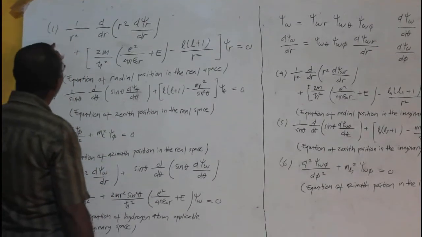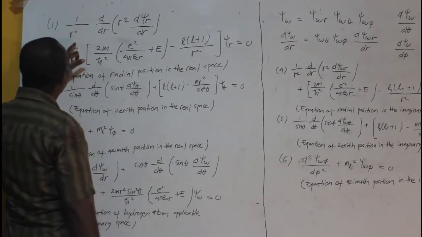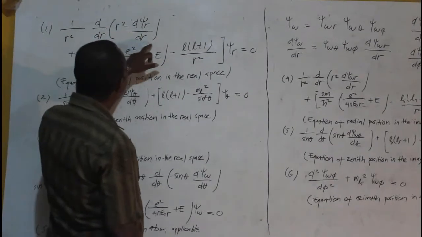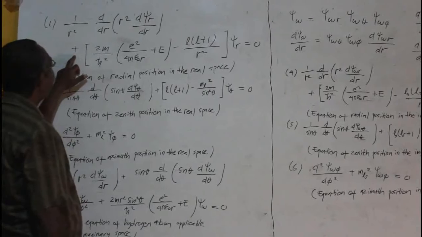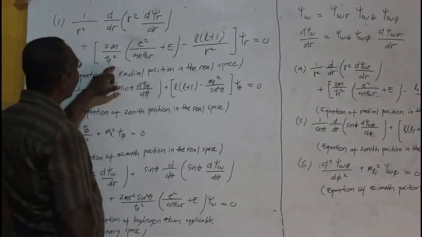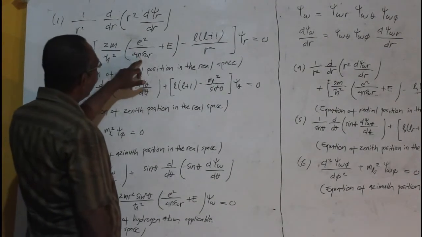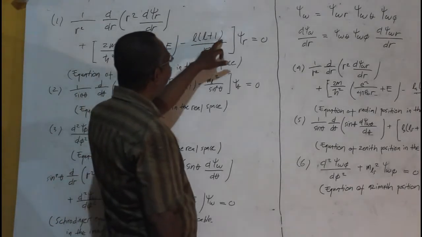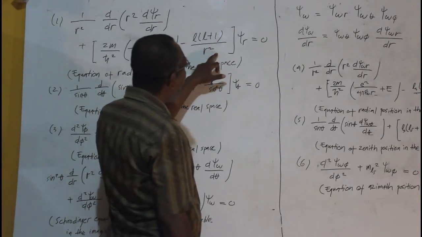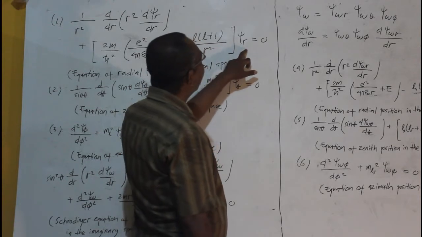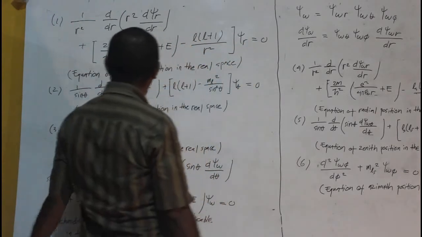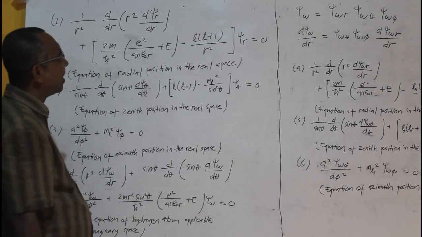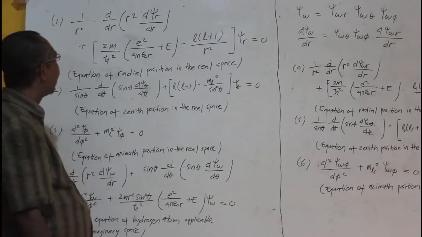Equation 1: 1 over r squared times d over dr of r squared d psi r over dr plus 2m over h bar squared times e squared over 4 pi epsilon r plus E minus L times L plus 1 over r squared times psi r equals 0. This is the equation of radial position in the real space.